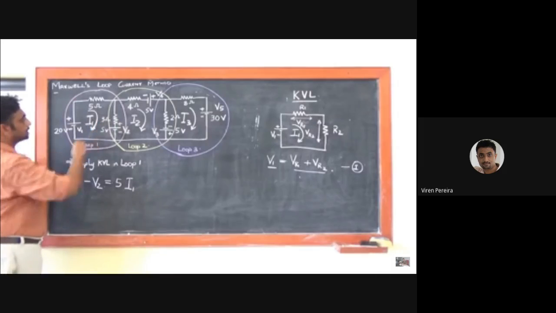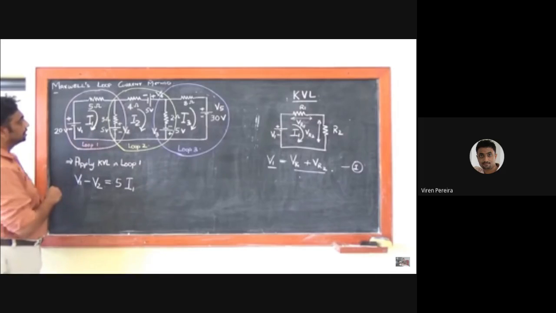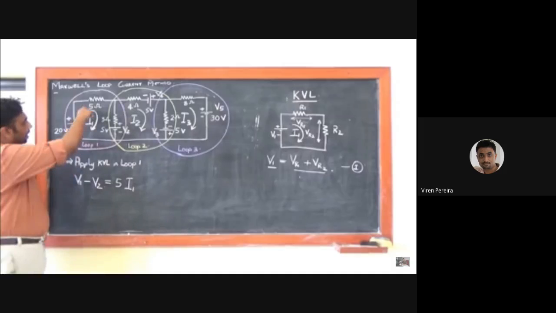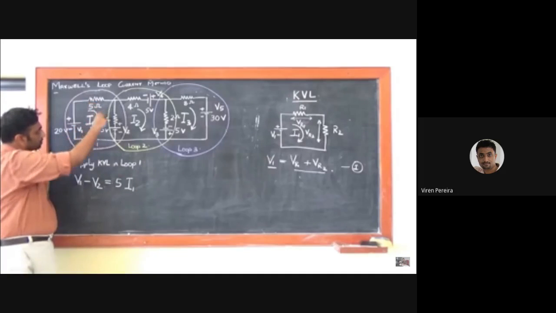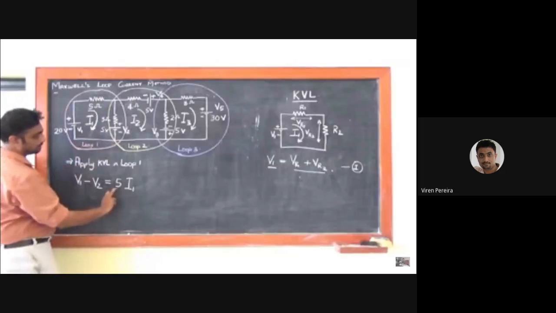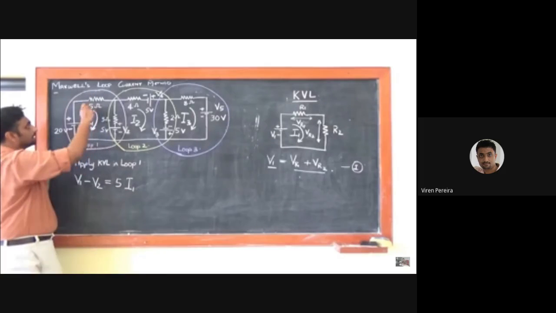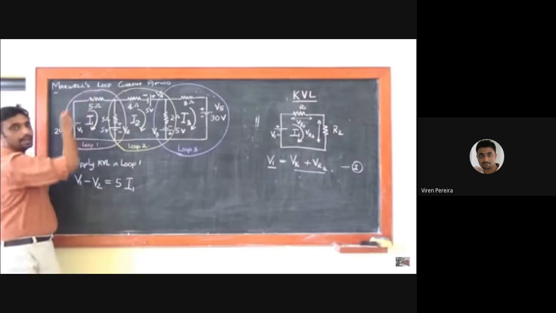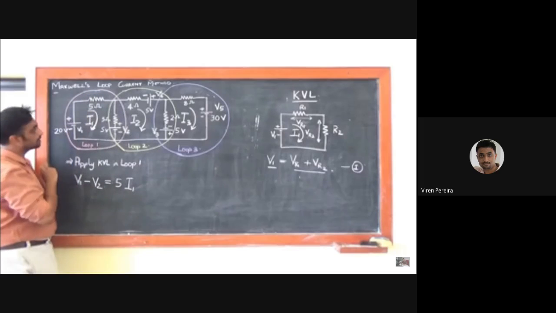What about this? There's a 3 ohms resistor. We have I1 here. As you see in this loop, or the first case which we did, 5 into I1. There is only I1 current interacting with this 5 ohms resistor.